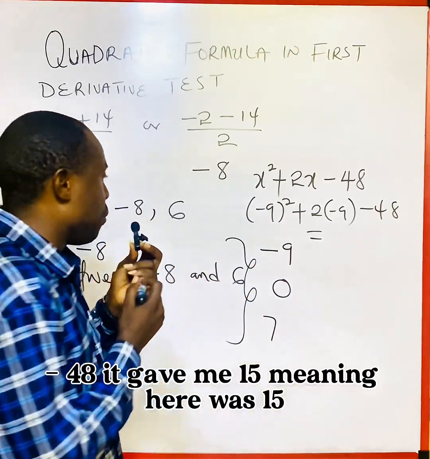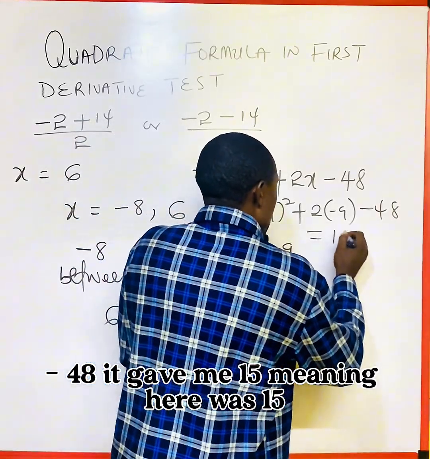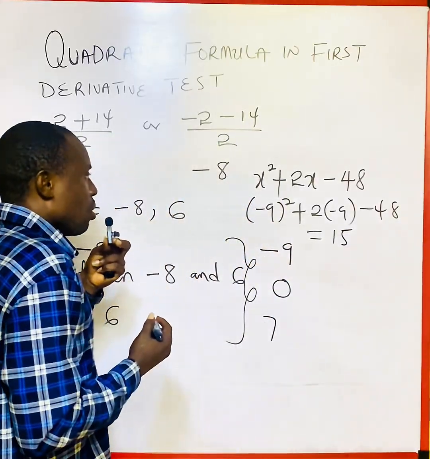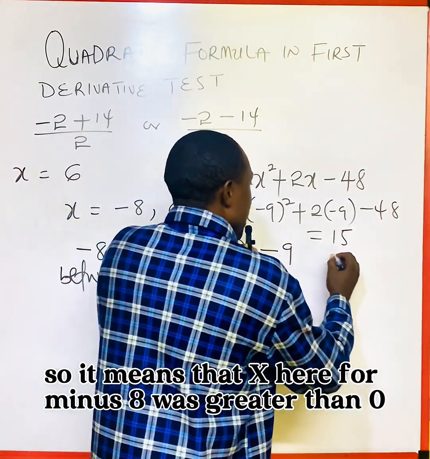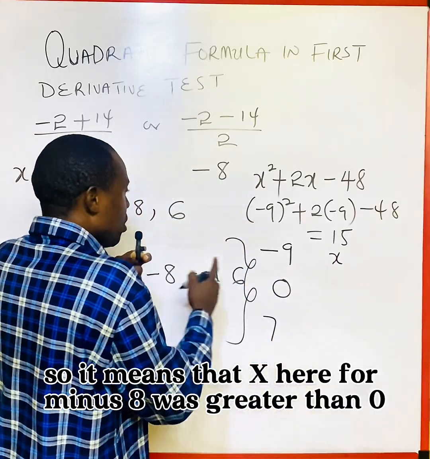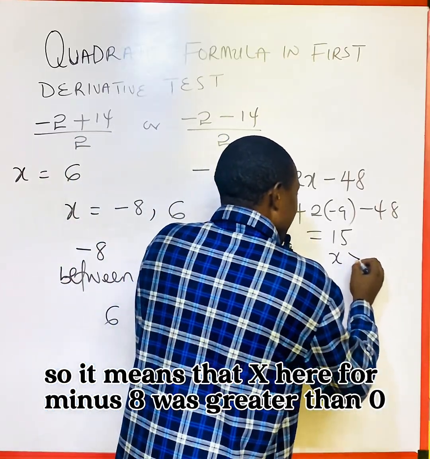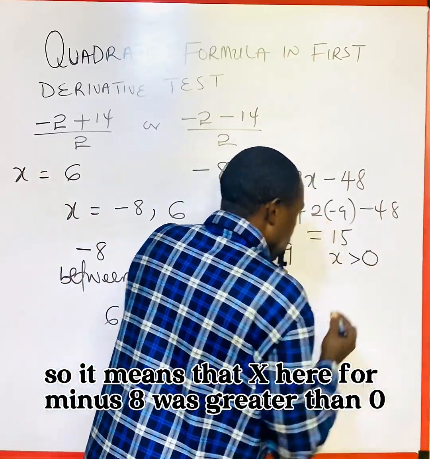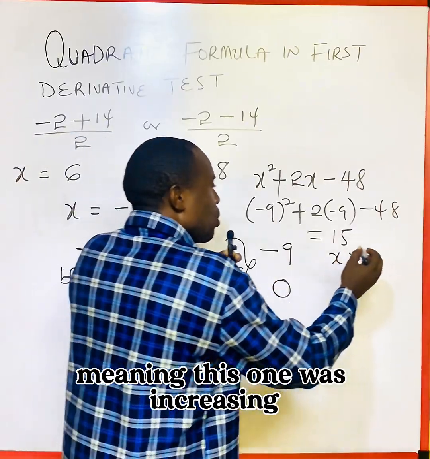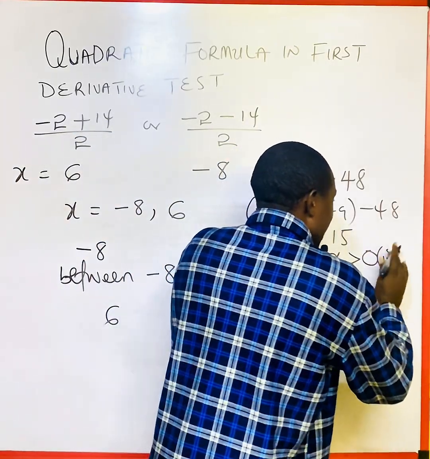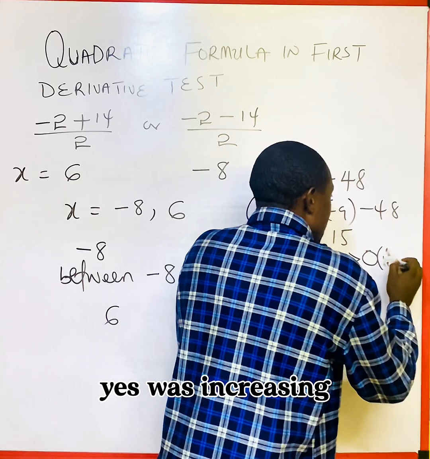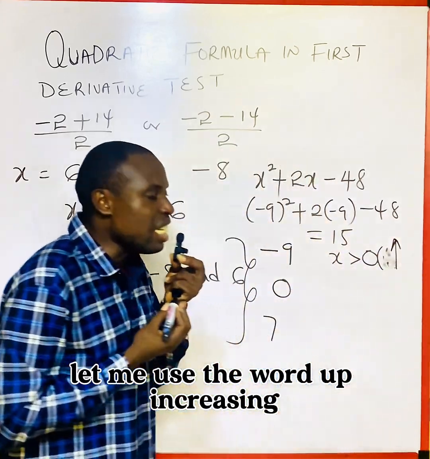It gave me 15. So it means that the derivative for values before negative 8 was greater than 0, meaning this one was increasing.